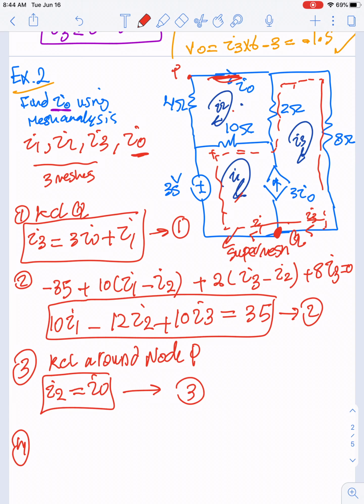So I have to do KVL, I'm sorry, KVL around mesh 2.